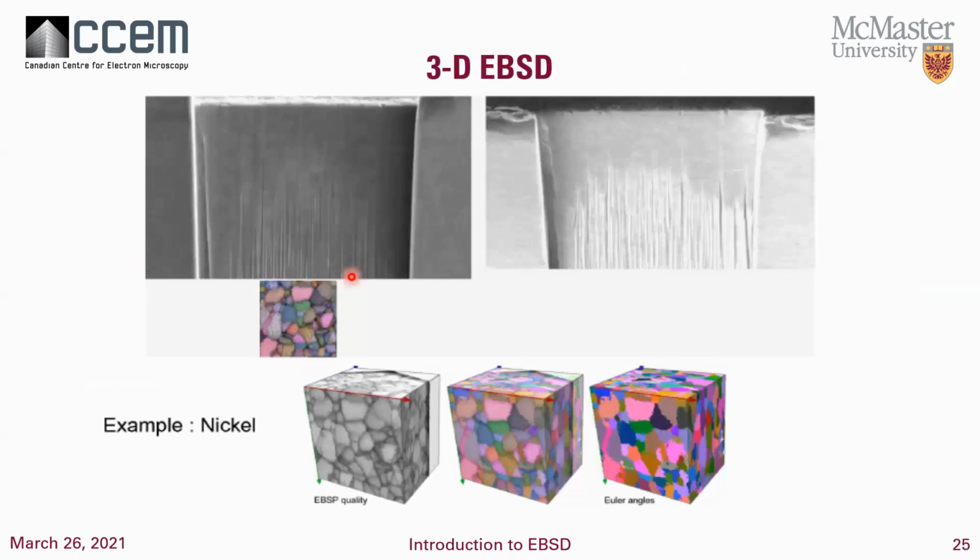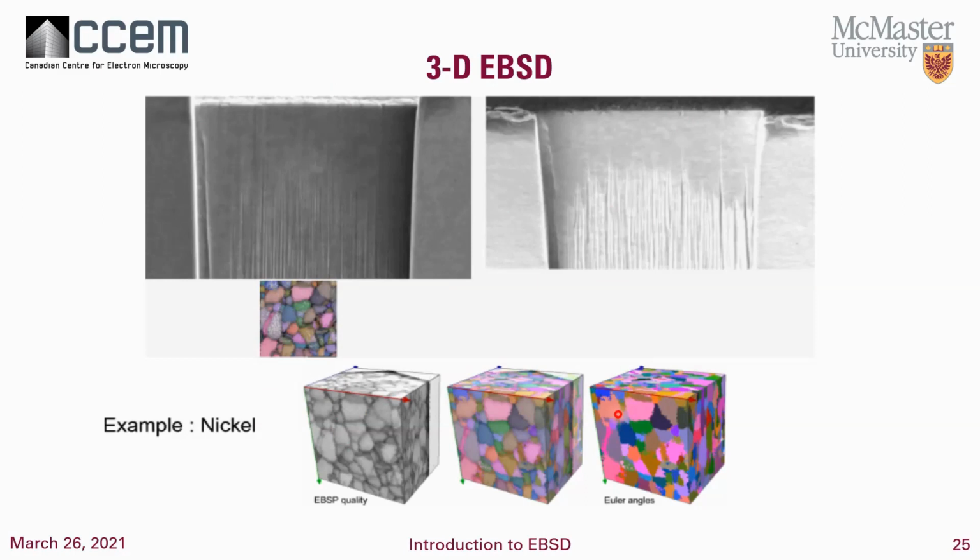So with the advent of FIB, we can now do collection of volumes of material. So we can collect slices as we FIB down through a material. In this case, we're looking at some nickel.